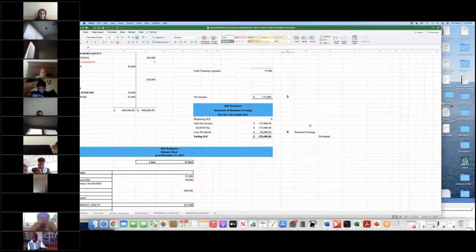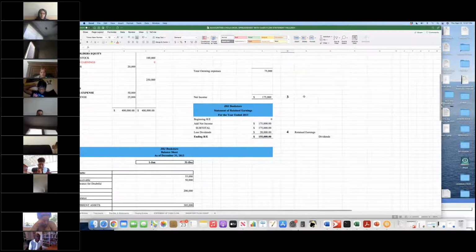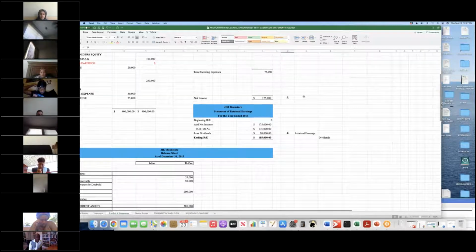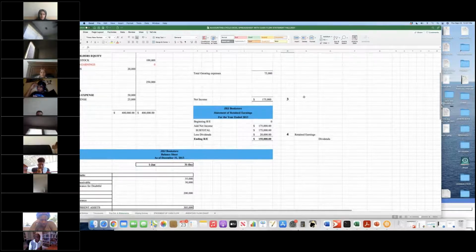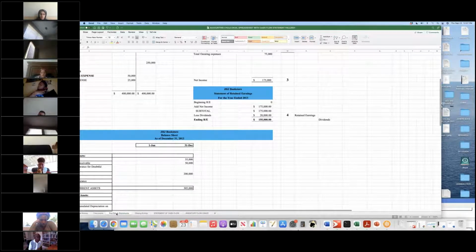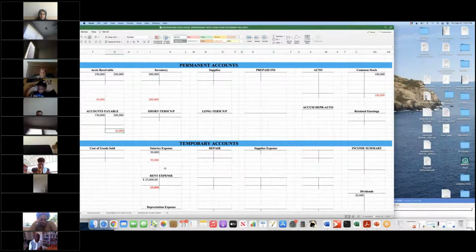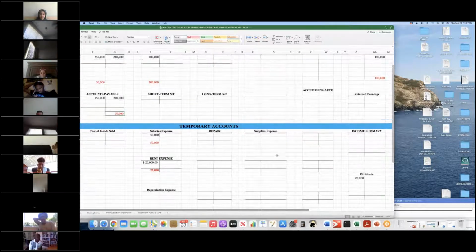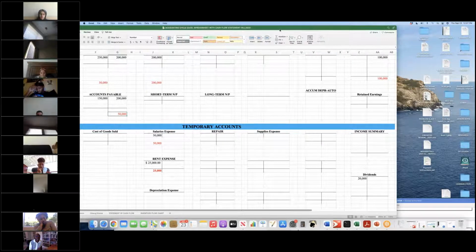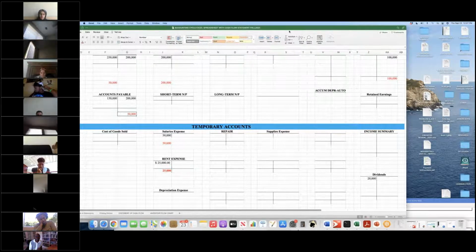So the purpose of closing entries is to eliminate all of the temporary accounts. At the end of the year, every account down here has to be closed out to zero. And the results put in retained earnings.